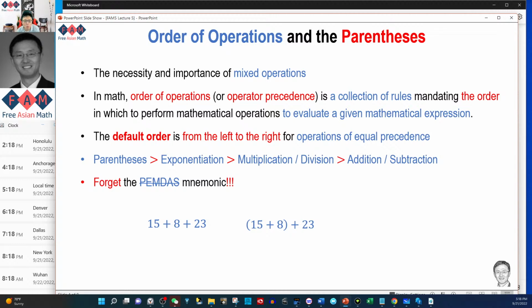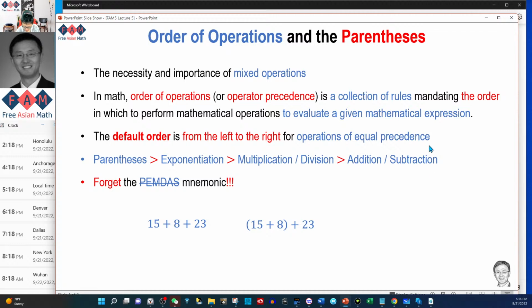It's exactly what we would do without a parenthesis. However, this just gives you an emphasis that we want to do the first addition first, right? 15 plus 8 first.